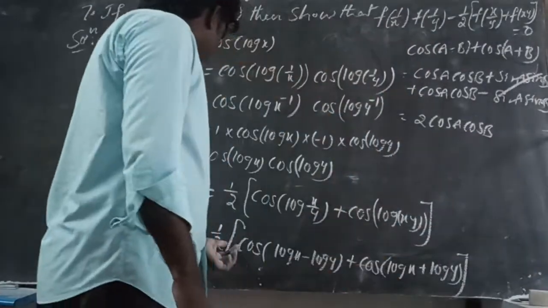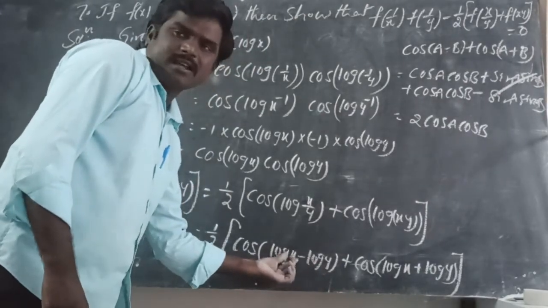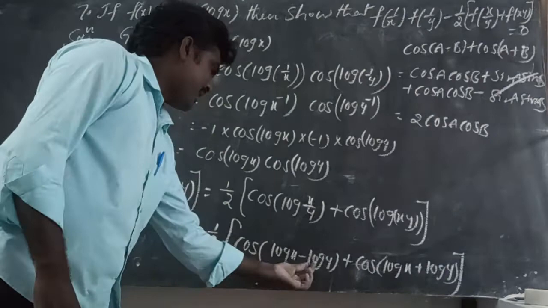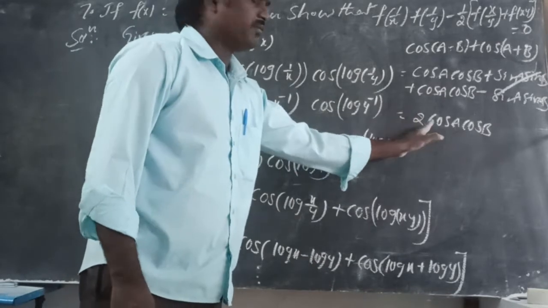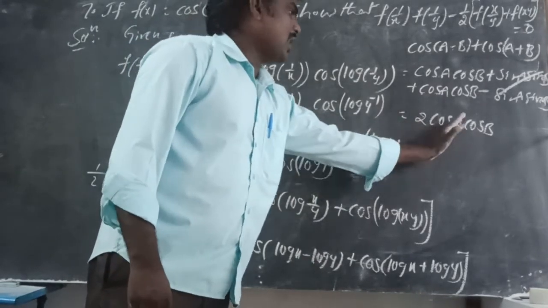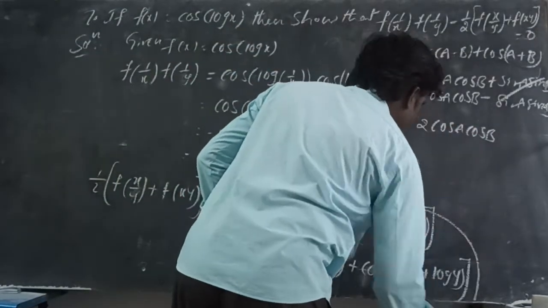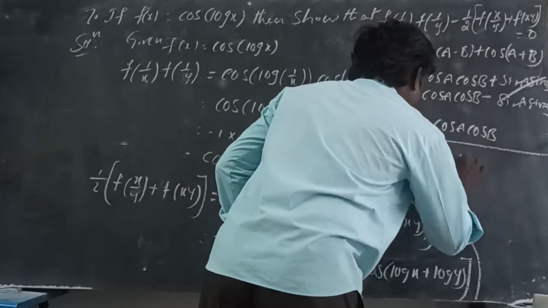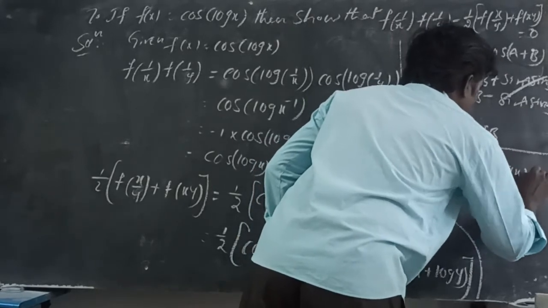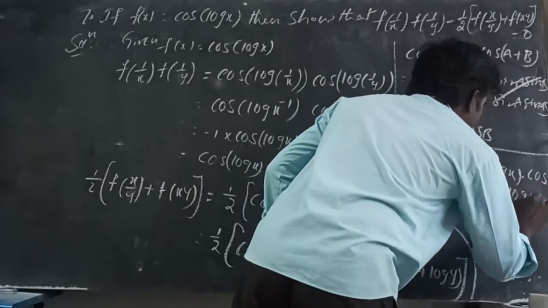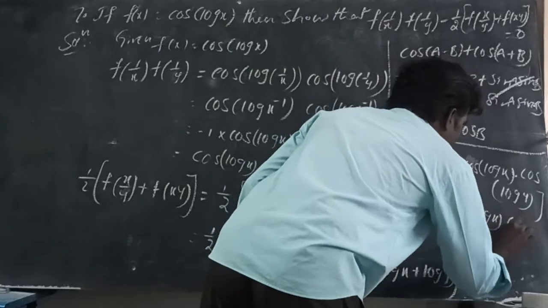So here, in 1/2 of cos(A − B) + cos(A + B), A is log x and B is log y. Then cos(A − B) + cos(A + B) equals 2 cos A cos B, that means 2 cos log x cos log y. So 1/2 into 2 cos log x into cos log y, the 2s cancel, and we get cos log x cos log y.